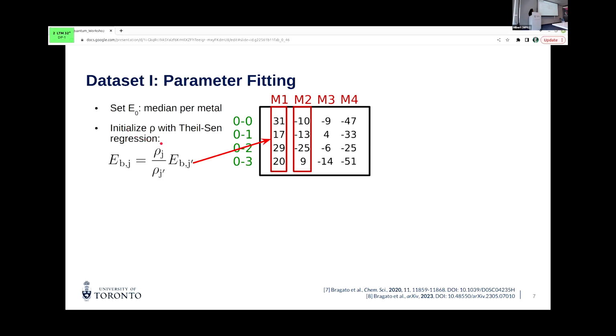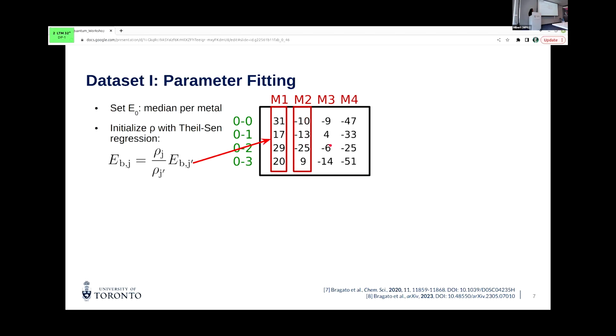Then we initialize rho with Theil-Sen regression. A better way to visualize this is to make a Hammett matrix where each column is associated with one metal and each row with one ligand combination. So one rho parameter per column and one sigma per row.